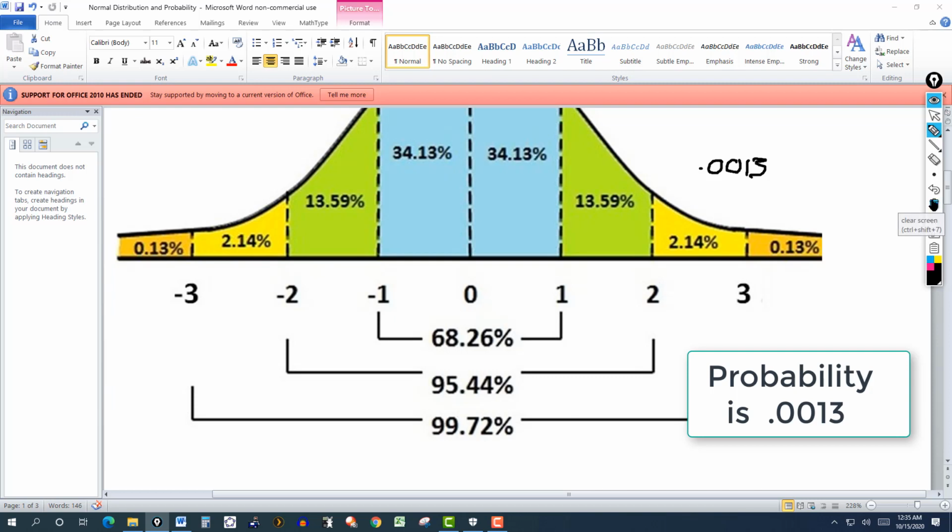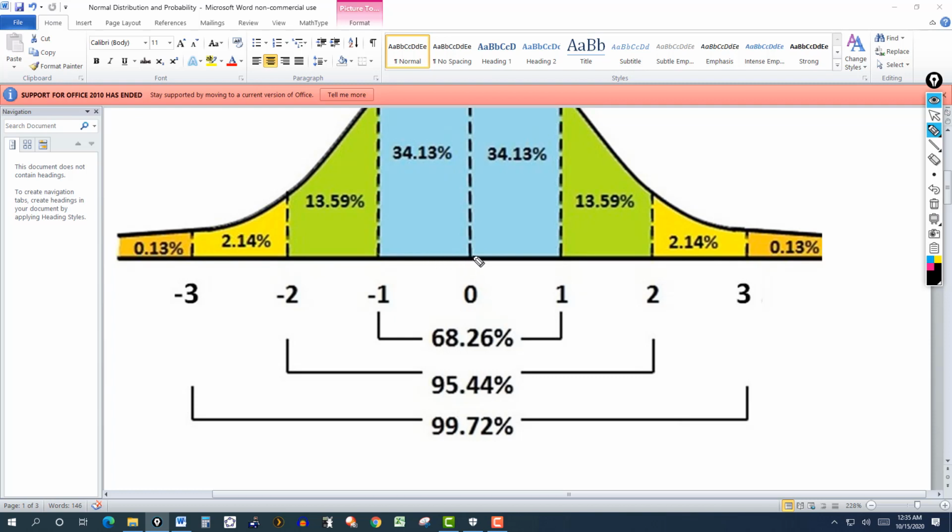So let's clear this. Now you can work problems. Sometimes these are not going to be whole numbers. These are going to be decimals over here. So in order to solve a problem like this, you'd have to use a calculator, or you'd have to use a table. Let me show you this.